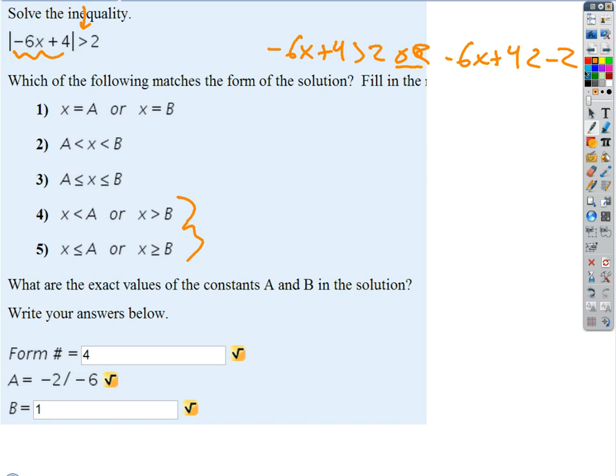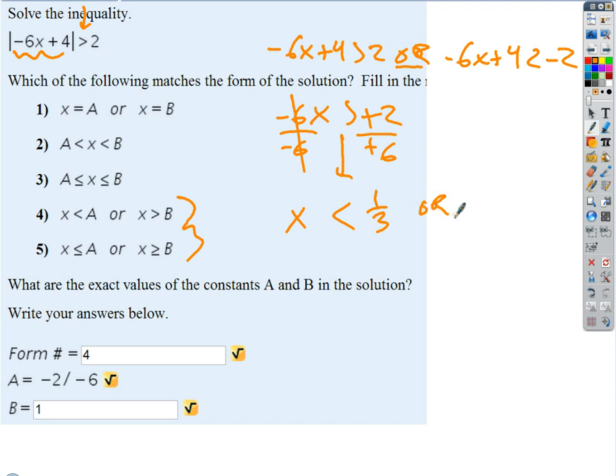So, what are the two steps in order? First I subtract 4, negative 6x, so that's going to make that a negative 2. Now what? Okay, divide by negative 6, what's that mean? Flip the sign, so I get x is less than, negative over negative is positive, reduce this to 1/3, right?